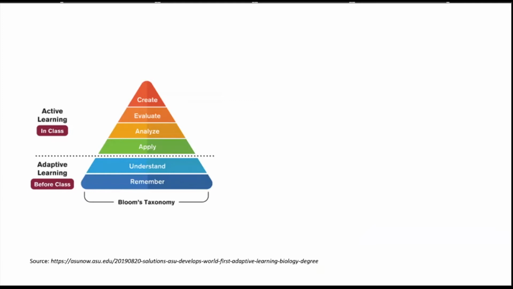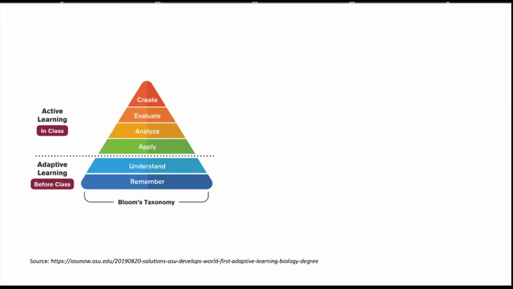In this example, you'll see Bloom's taxonomy on the left, and the bottom two on the hierarchy, understanding and remember. That's where the concept of adaptive learning comes in, because much of this can take place before, quote unquote, class.